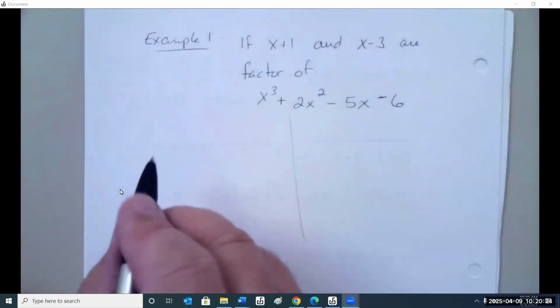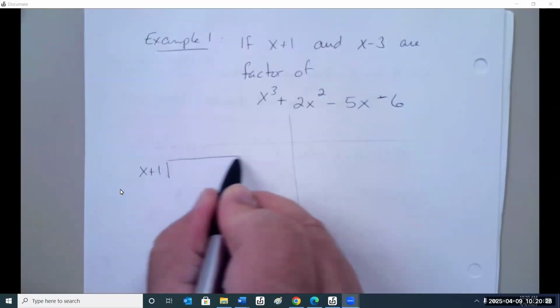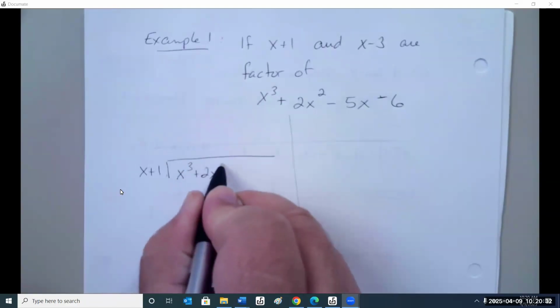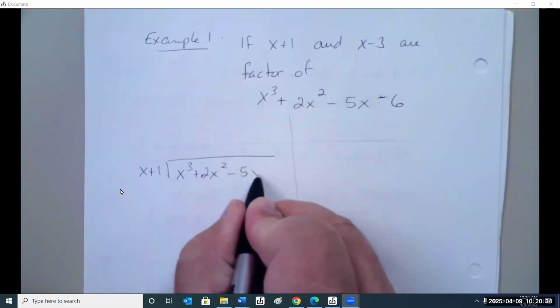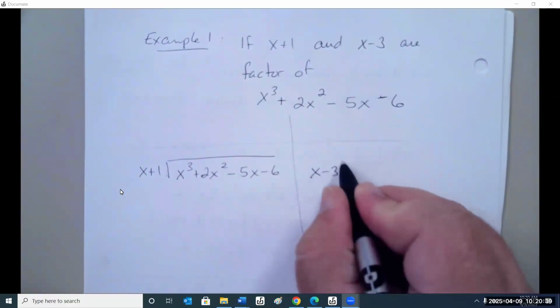So let's do the first one. We have x plus 1. And then we have the x minus 3. We have to do them both.